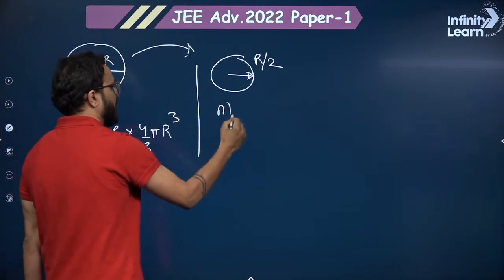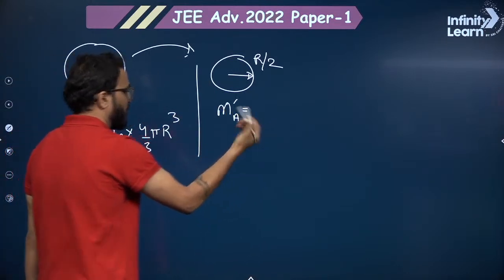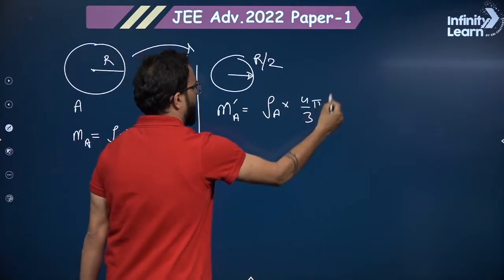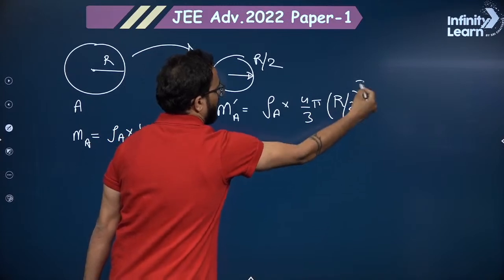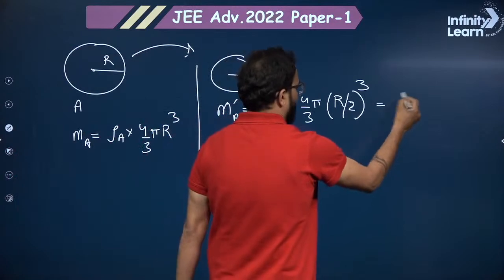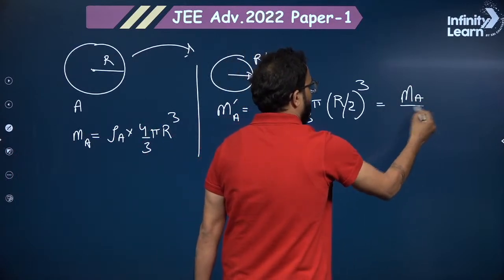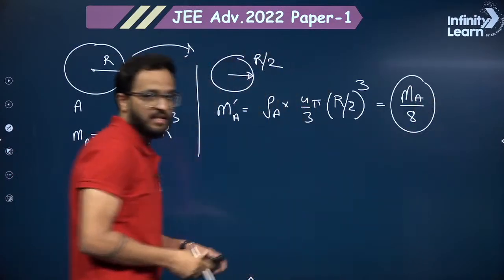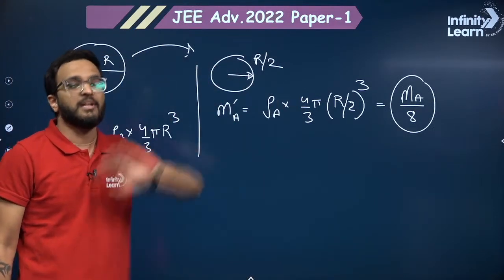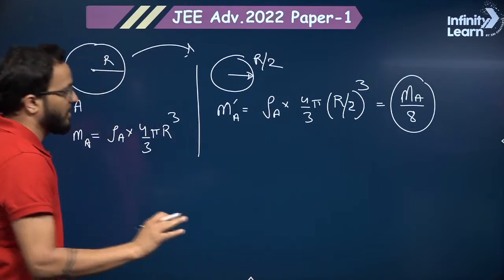Let's say it is Ma dash. So, it will be rho a into 4 by 3 pi into R by 2 whole cube. Okay, R by 2 whole cube. So, that is going to be 1 by 8. So, it will be Ma by 8. That means 1/8 of the mass is left now, and 7/8 of the mass of A has been transferred to B. Okay, is it clear?